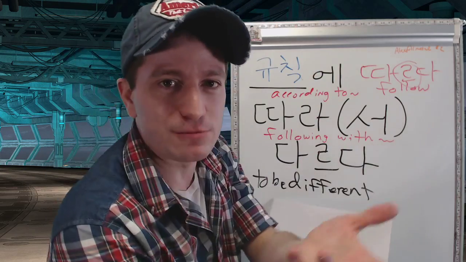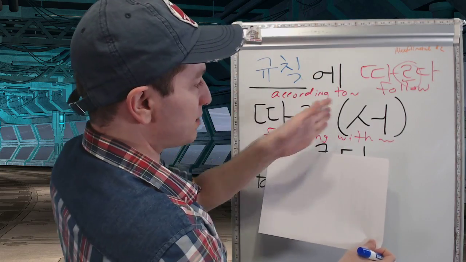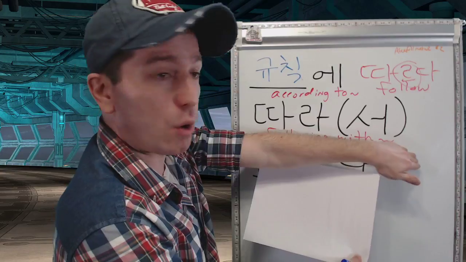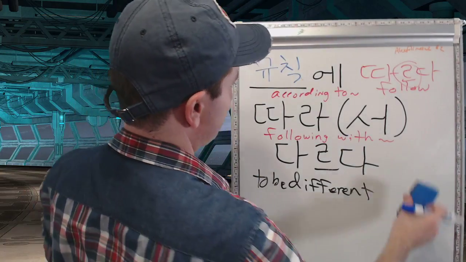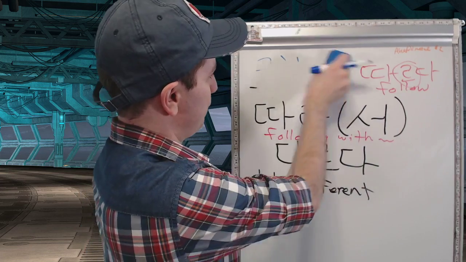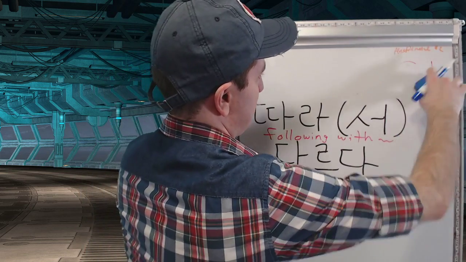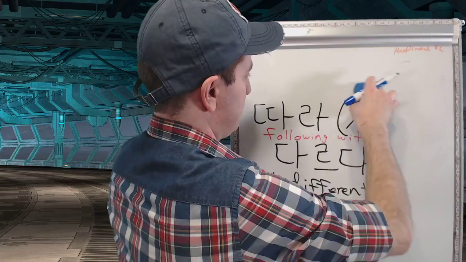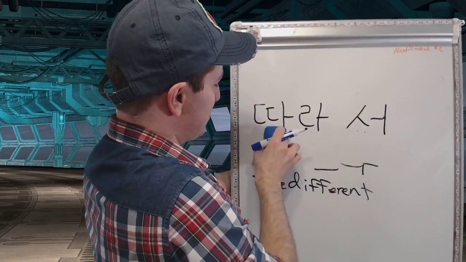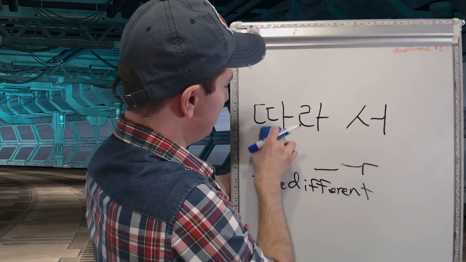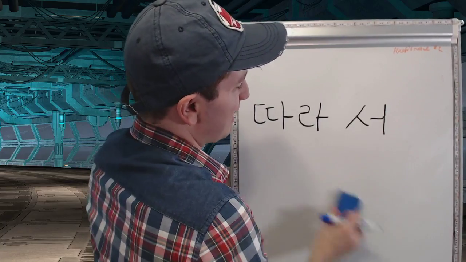This is if you're more intermediate already. Go ahead and use 따라서 by itself to say according to. Another one you could do would be 따라서 by itself. So you might also see 따라서 used without anything else.